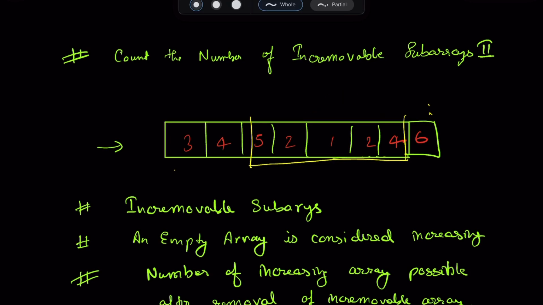So the brute force approach was simple, in which we have to find a subarray and then remove it, and then iterate over all the elements except in that subarray and check if it is strictly increasing or not. So that was order NQ. So let's see how we can reduce that.